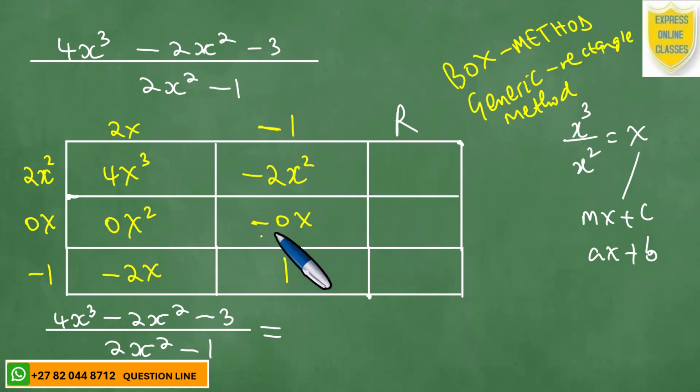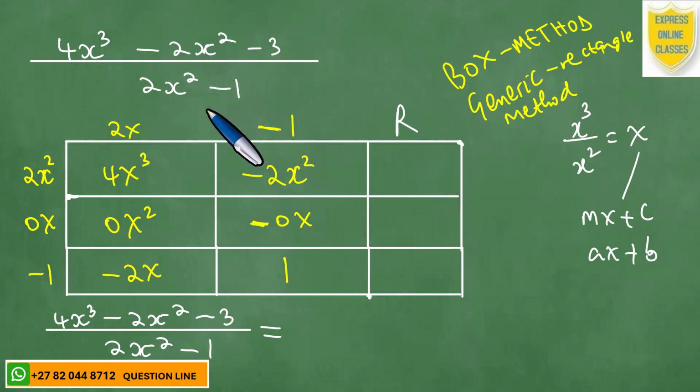Right, so now we have the 0x. So, you see, if you have the 0x here, the question then is what you put here so that the sum gives us the x term, the linear term that is in the numerator. But clearly there's no x term in the numerator.